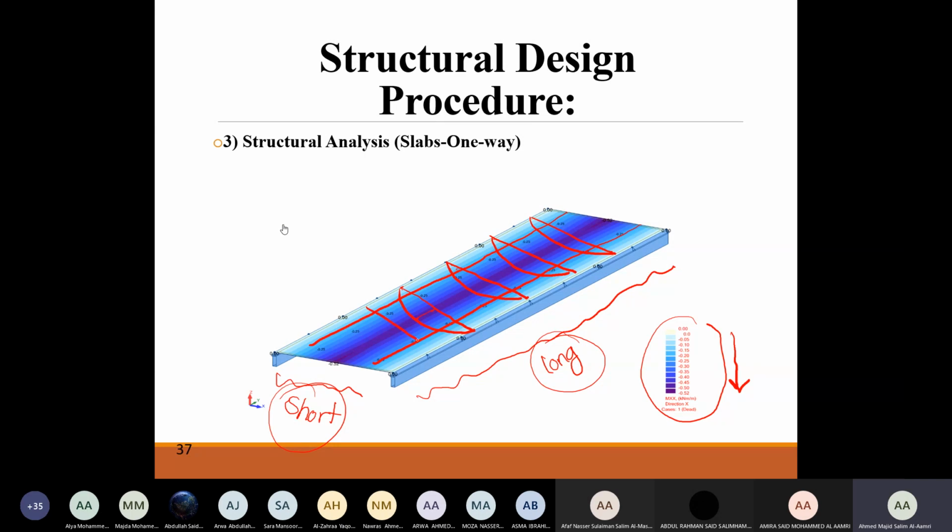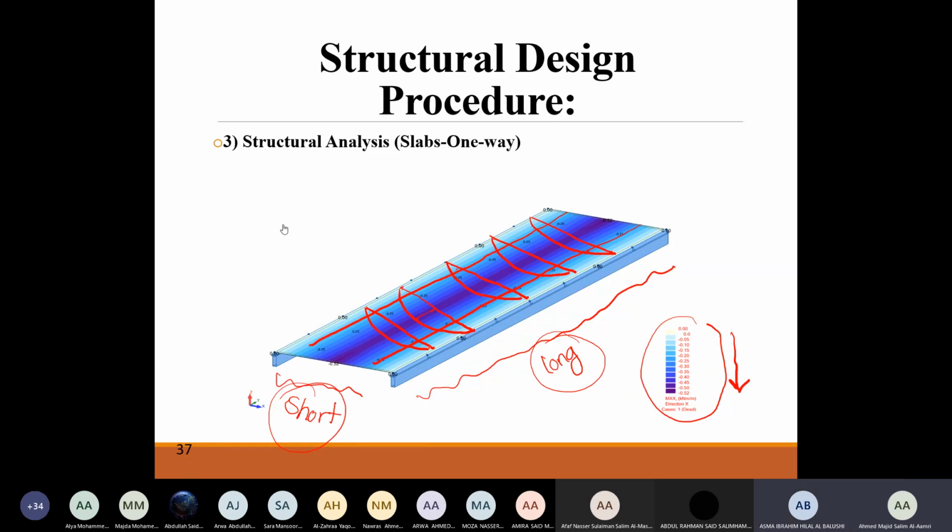Are we clear? The bending is maximum at the center. Why don't we draw the bending at the long span? Why do we choose the short one? Because it's a one-way slab. Yesterday I explained it for you.